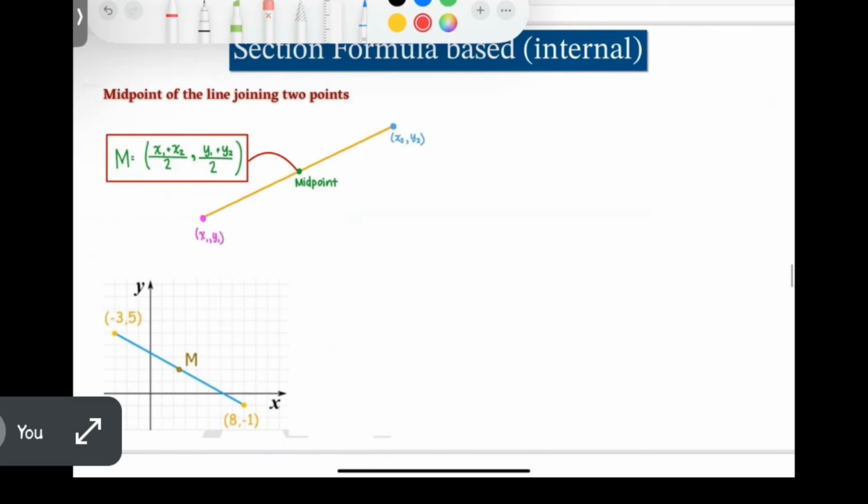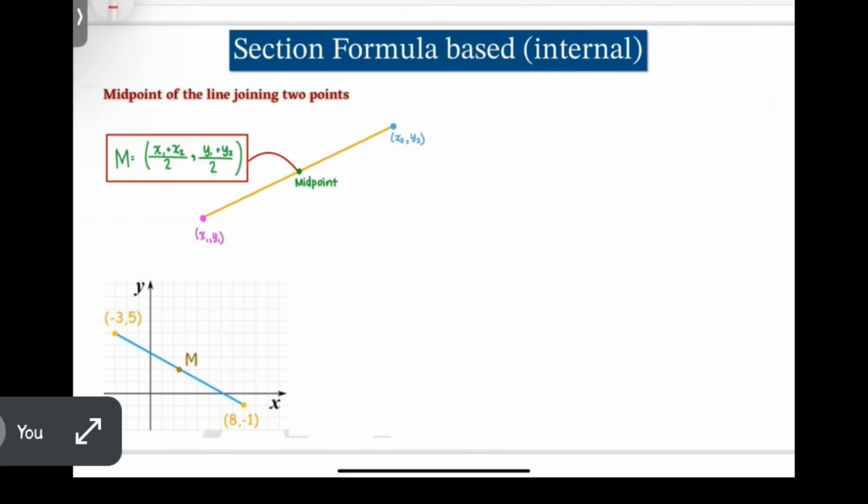Now section formula. When we talk about section formula, it simply means if there's a line, and there's a certain point that divides this line, that is called section formula, okay?